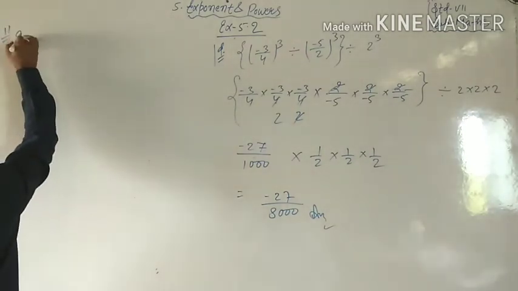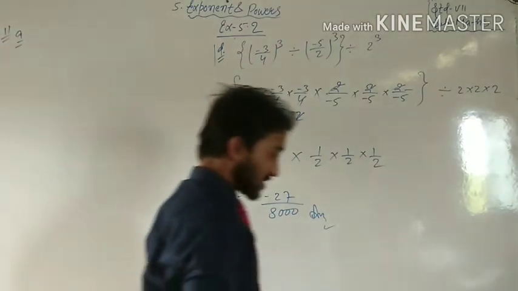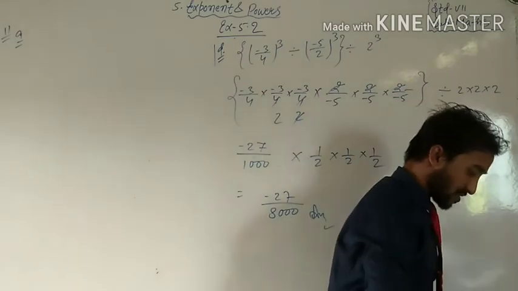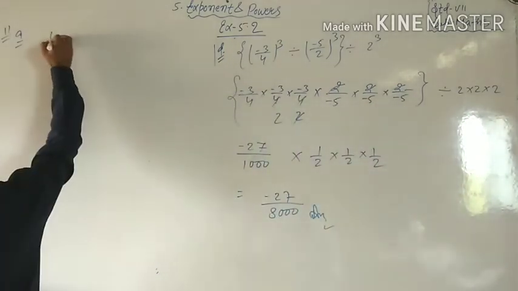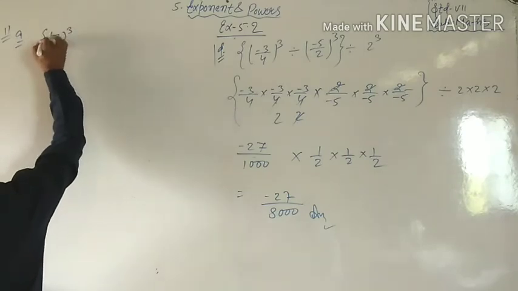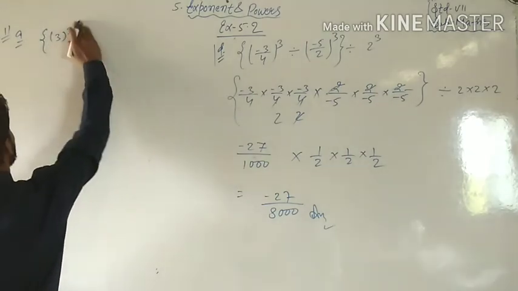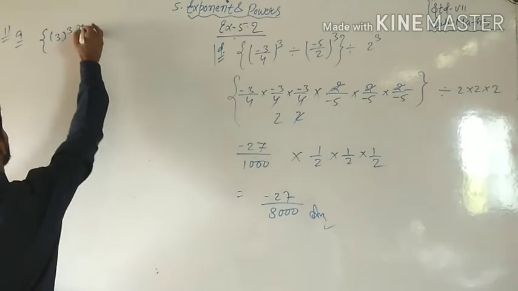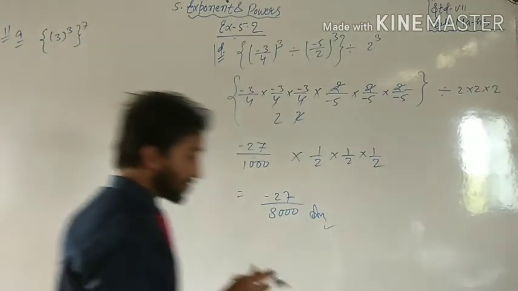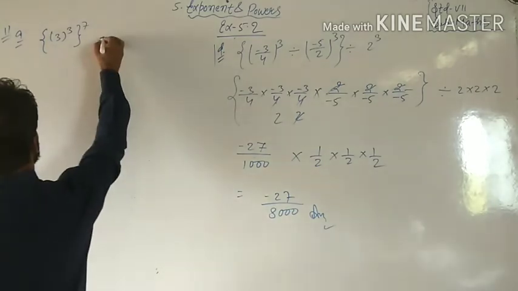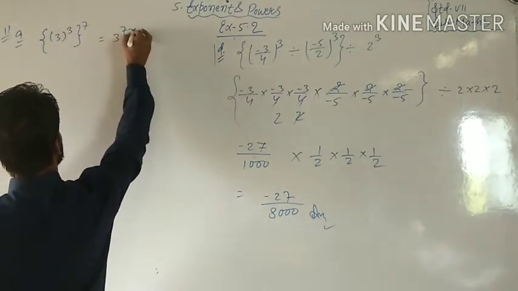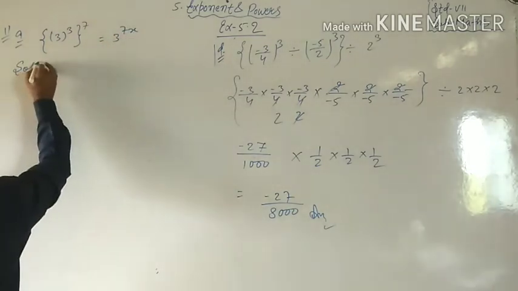In question number 11a, students, determine the value of x in (3 to the power 3) to the power 7 is equal to 3 to the power 7x. Students, first of all, what will you do?